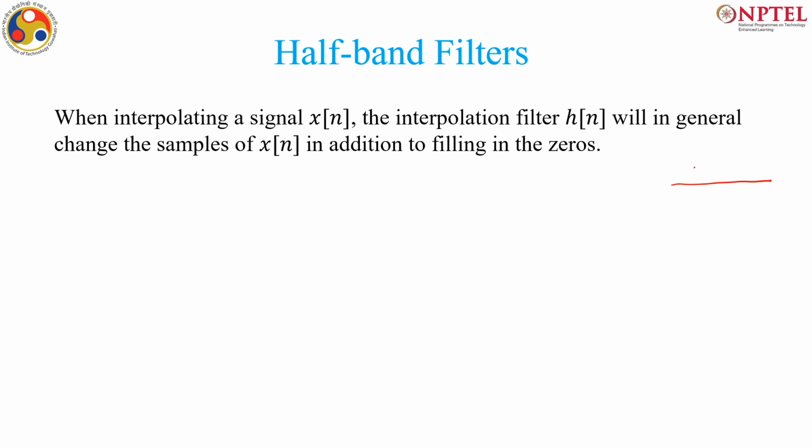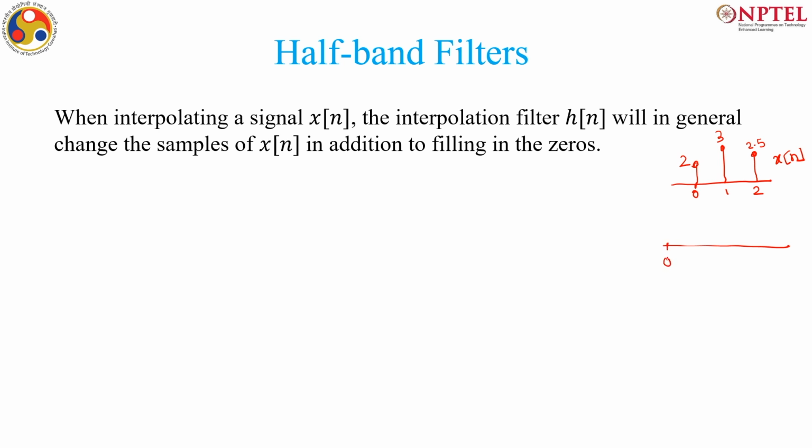So, suppose we have a signal, where this value is 2, this value is 3 at index 1 and this value is 2.5 at index 2. Now, this is my original signal x of n. Now, what we will do is first upsample the signal by a factor of 2. What does it mean?